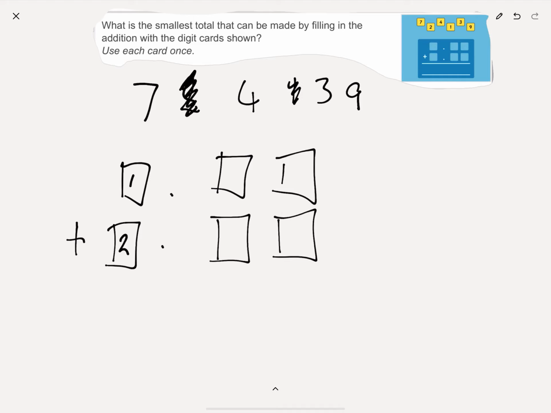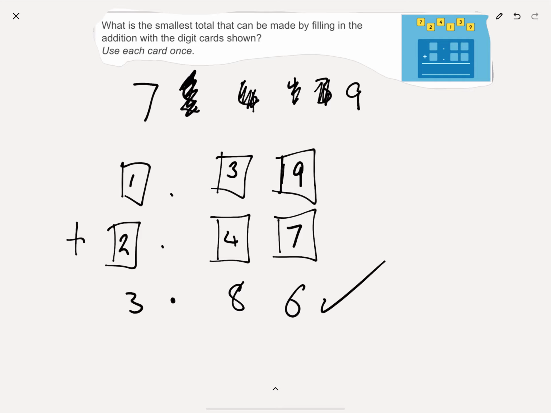Same logic, I'm going to use the next 2 smallest in the 10ths column, which is the 3 and the 4. And then I'm going to use the 9 and the 7 there. Okay, so that adds to 6, 4, 8, 3. 3.86 is the very smallest total.